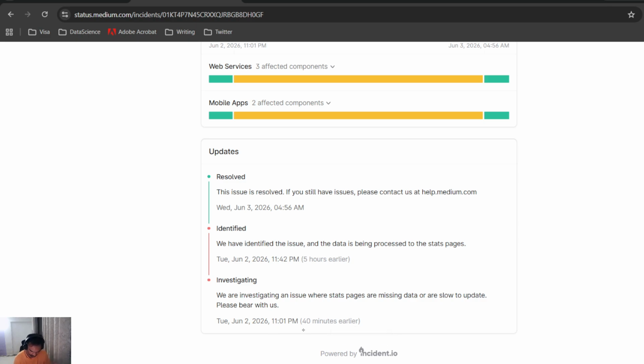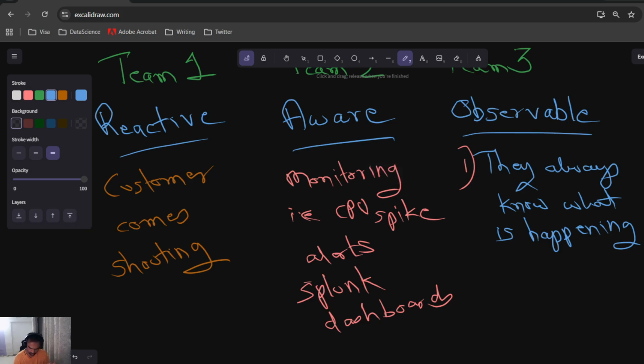So at 11:01 p.m., this one, that something went wrong. At this time, they identified the issue, and this is where they fixed. So this is an observable team. So this is where we want to get, and this is where everyone should aspire to be.